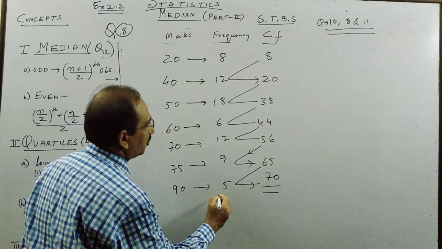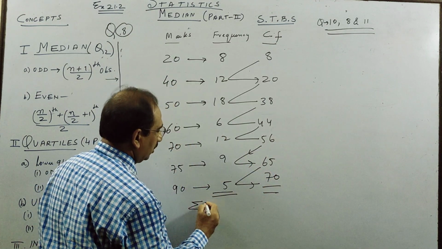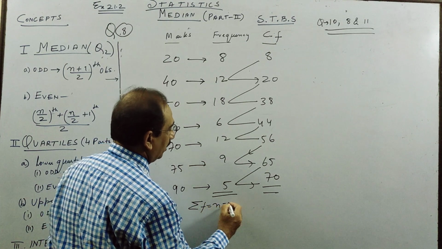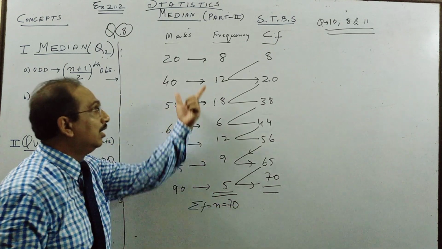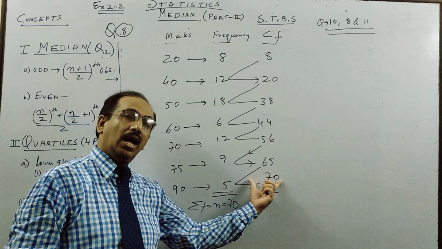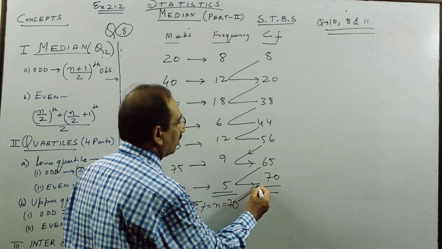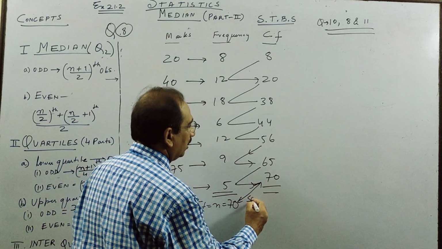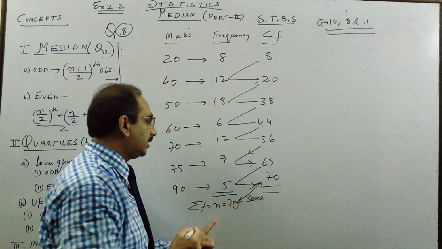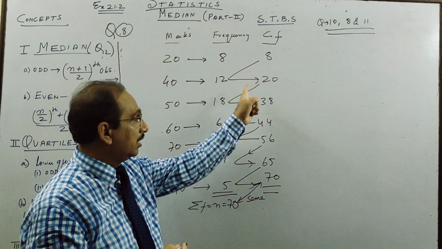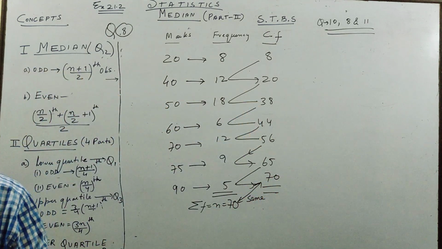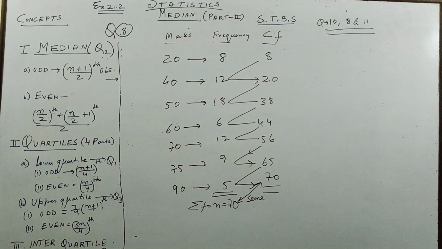This and this, if you add, children, this is called summation of f or n. This is also 70. The total of frequency and the last value of cumulative frequency, they are the same. If they are the same, it means you have not made a mistake in adding. So this question, if you see, is just asking for the median mark.